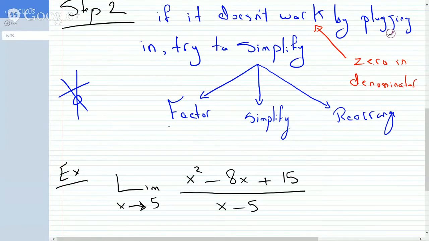Okay? Now, if you try to plug in 5, you can immediately recognize the problem here because you have 0 here, and you're also going to get 0 in the numerator. 25 minus 40 plus 15 is 0. So you're going to get 0 over 0. You don't know what that is. You can't do it. So this is no good.